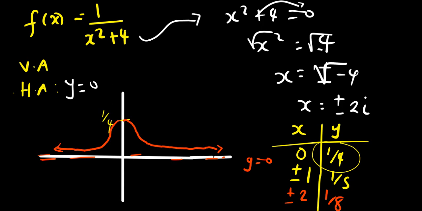If you pick negative 1 or positive 1, they give you the same point, on either side, because it's a quadratic. That is how you graph this function.